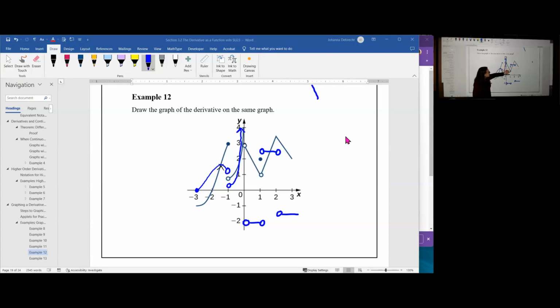The first line segment is downhill, which means it's negative. It has a slope of 2, which I can tell from the graph. So I draw an open circle at 0, and then I continue in a horizontal line at -2 to another hole at x=1, because I would have a corner. In fact, it's not defined there.